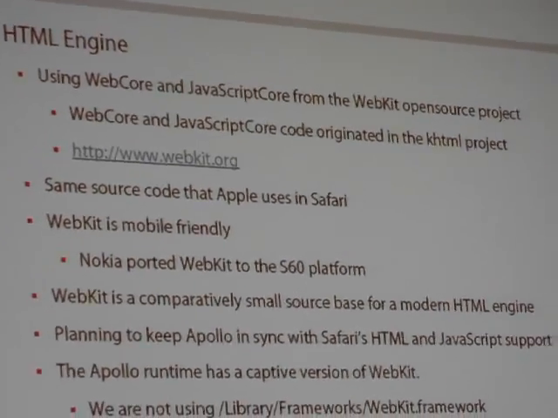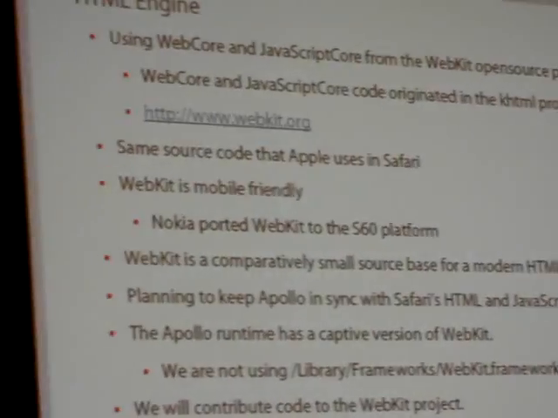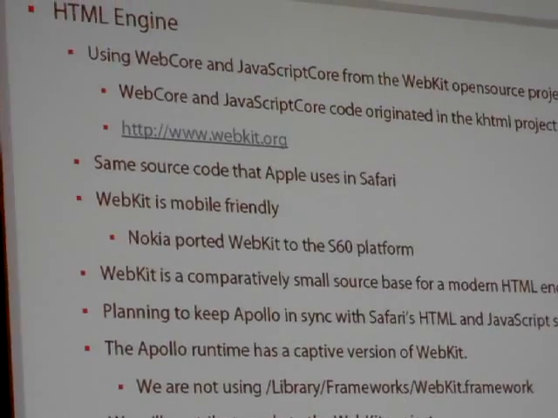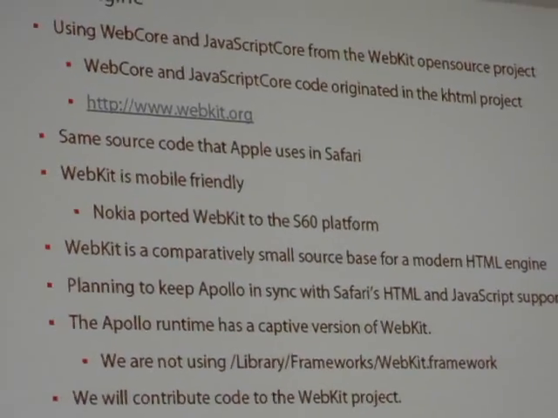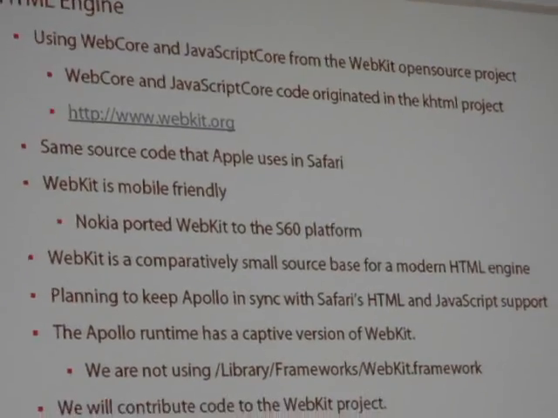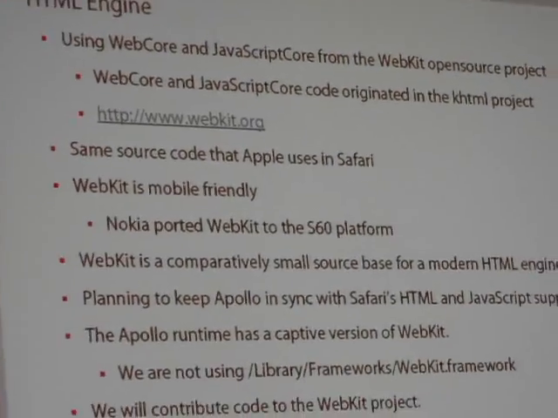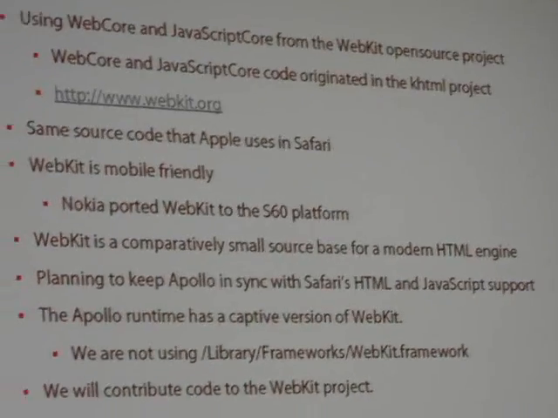One of the main reasons that we chose WebKit over the alternatives was Nokia has ported WebKit to the Series 60 phone, which sort of was a proof of concept to us that you could take a very compliant, very capable HTML engine and get it to run on a mid-range phone. The Series 60 phone is by no means the largest, most powerful phone out there. It's a somewhat limited device.